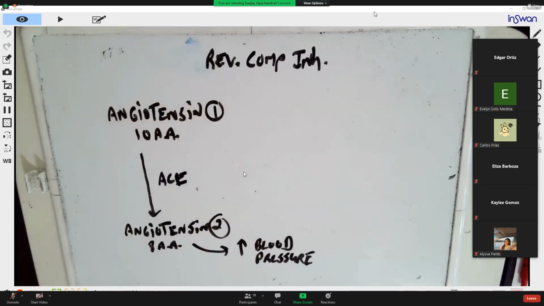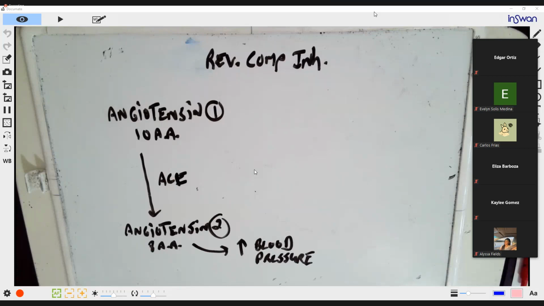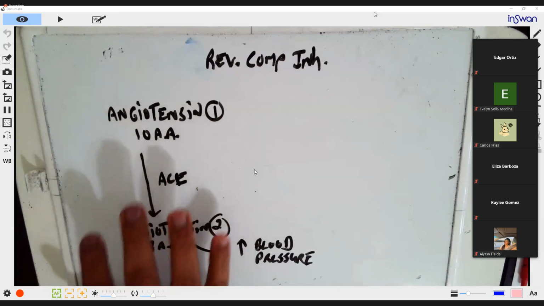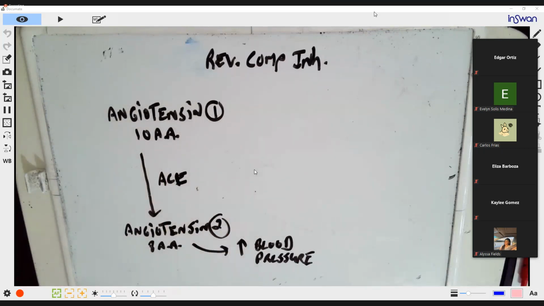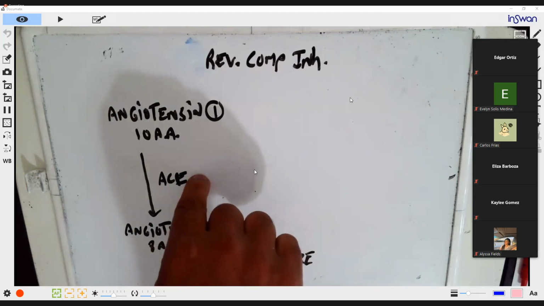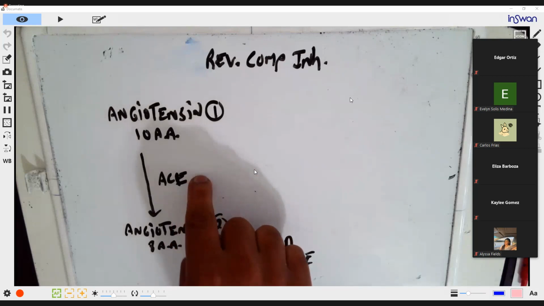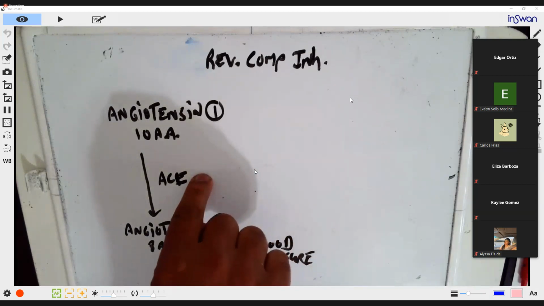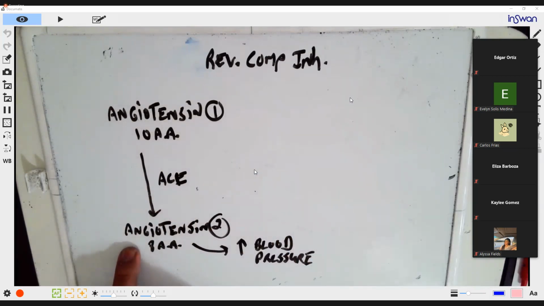No, but that's a valid thing. What could you block here? You could block the ACE, which is what's often done. I block this enzyme, and I don't have this, and my blood pressure is going to go down.